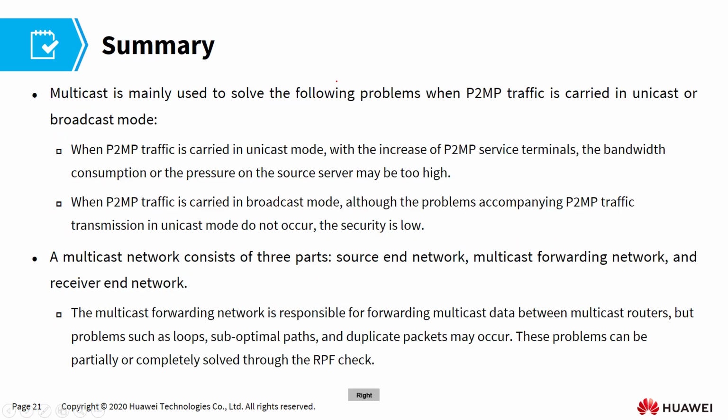All right, let us summarize. Multicast is mainly used to solve a number of problems when using point-to-multipoint traffic forwarding and carrying it in either unicast or broadcast mode. The problems in unicast mode are that when increasing the point-to-multipoint service terminals, the bandwidth consumption or the pressure on the source server may be too high.